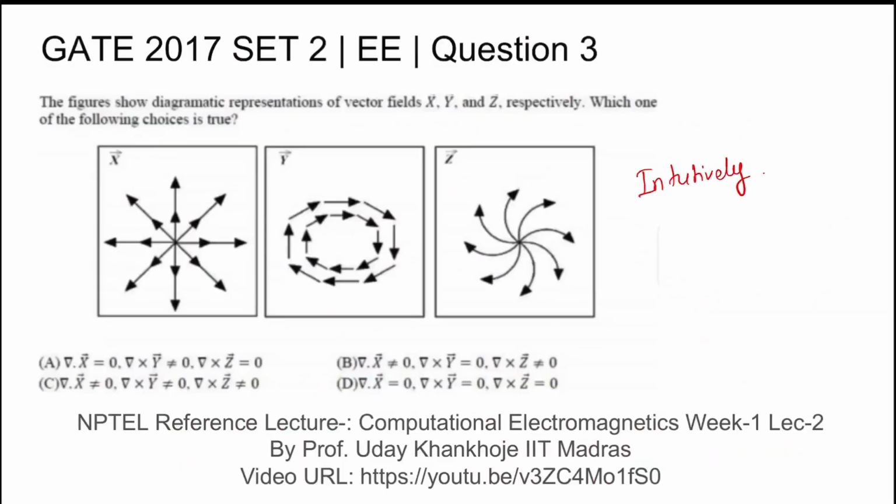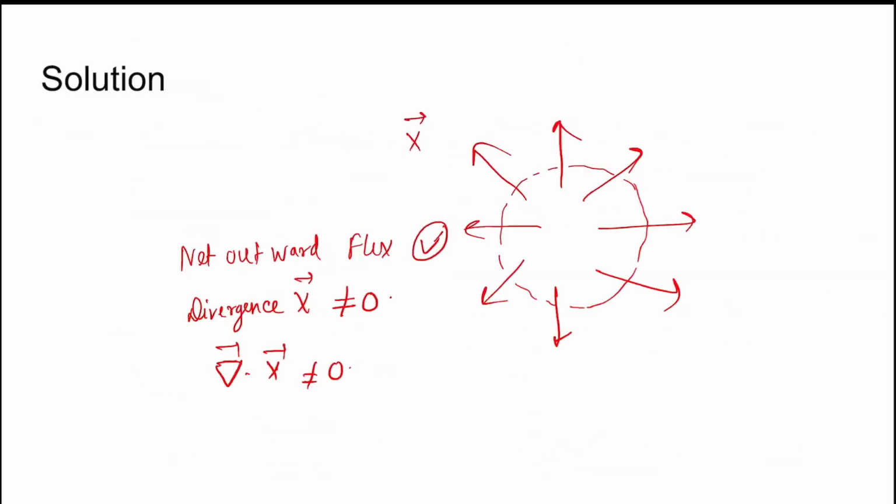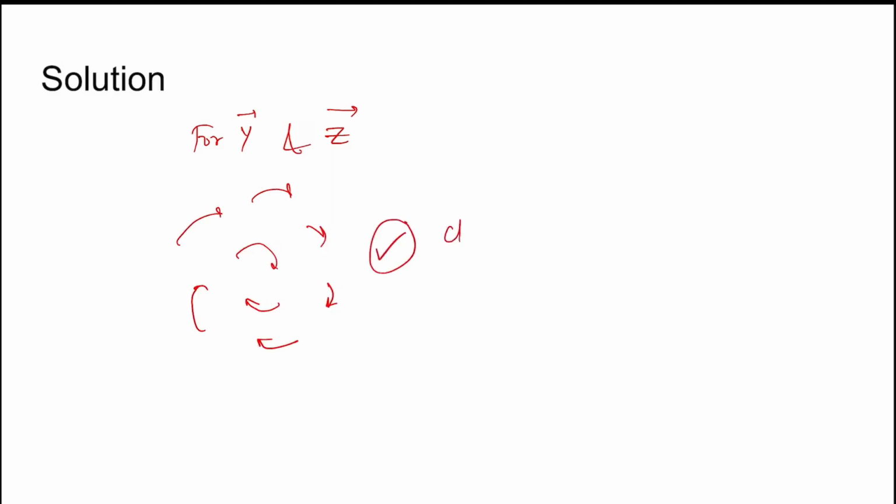Similarly for y and z, you see y is like this. So there exists clockwise rotation, and for z also there exists some clockwise rotation.